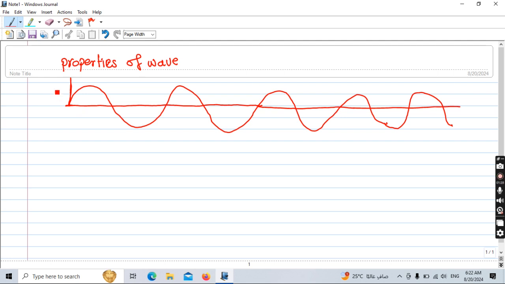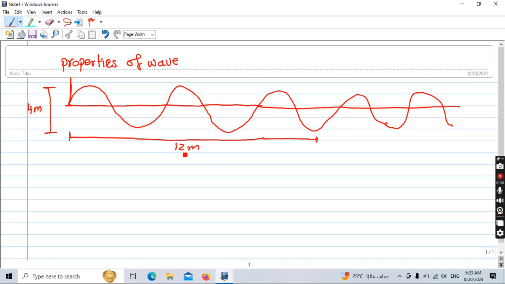Sometimes they can give you this distance from here to here to be, for example, 4 meters. This is measuring the vertical displacement. And they can also give you this distance from here up to here, let's say 12 meters.